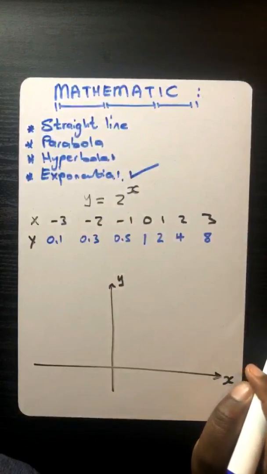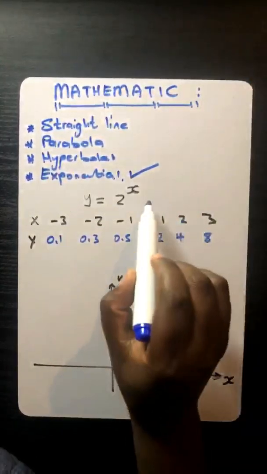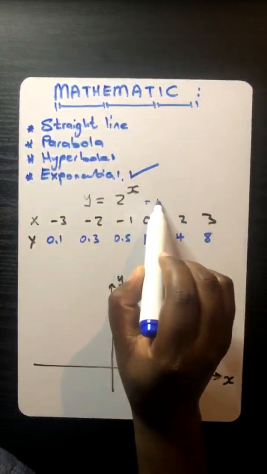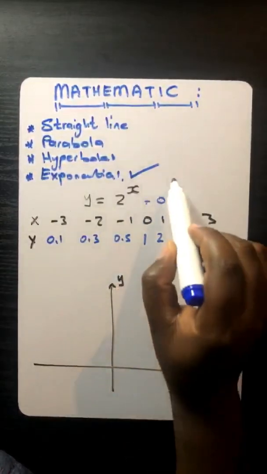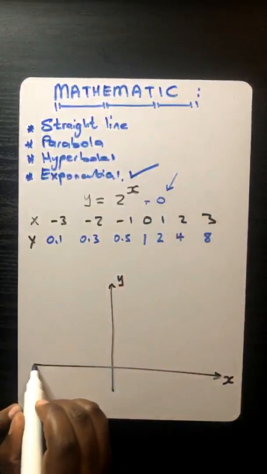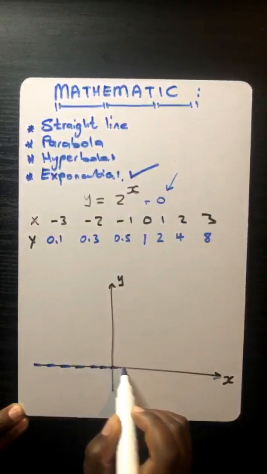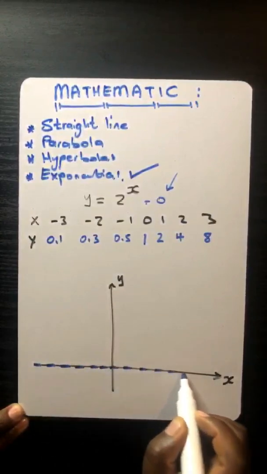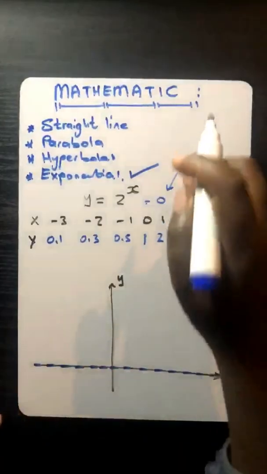So now, remember, guys, the first thing that you start with is actually the equation of your asymptote. Can you see there? This is more like it's actually plus 0 there. So your asymptote is actually 0. That means you have your asymptote on the x-axis.